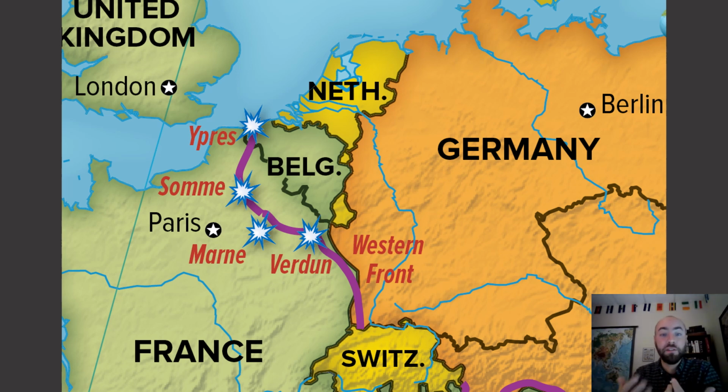And what this turns into is that the Germans and the French dig trenches in front of each other, and they sit in those trenches and fight battles for the rest of the war on this Western Front, really never gaining any territory in any direction. It just becomes a horrific recipe for death and destruction on the Western Front.